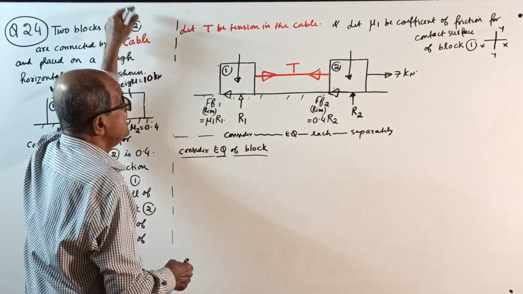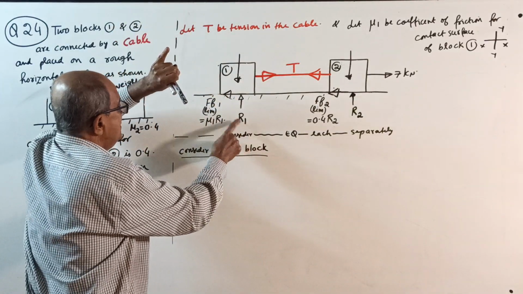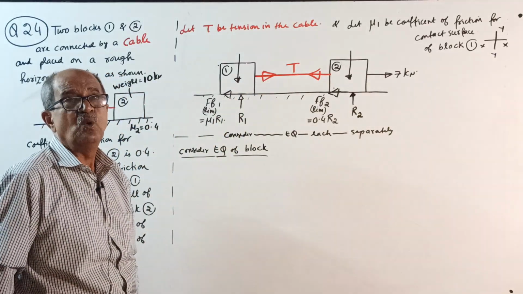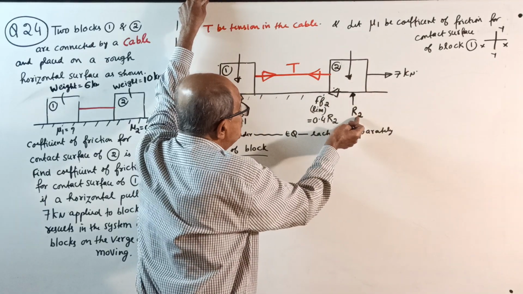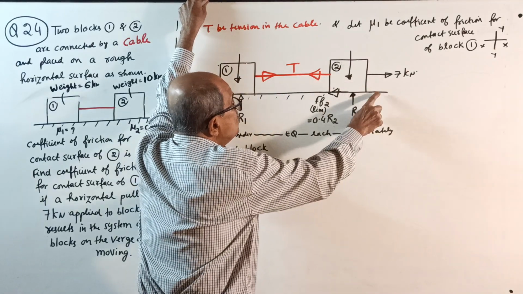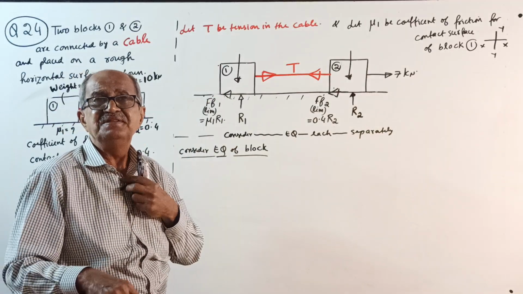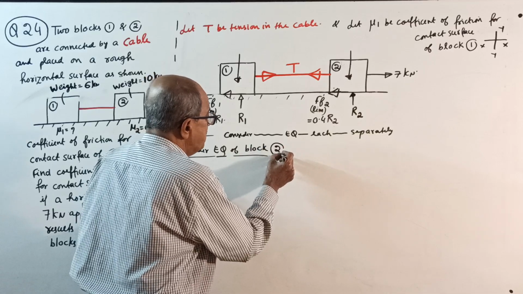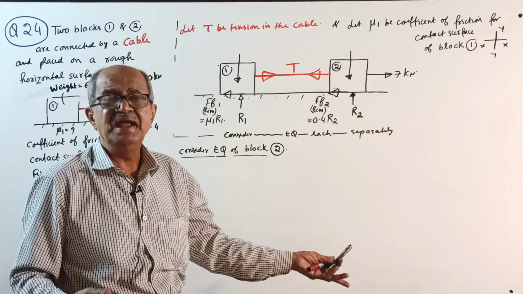Which one first? See here, block 1 has R1, mu1 and T. Three unknowns are there, no. Whereas block 2 has R2 and T, only two unknowns. So, where a smaller number of unknowns is there, consider that block first. So, block 2 first. Why block 2 first? I explained earlier and today once again to write it.